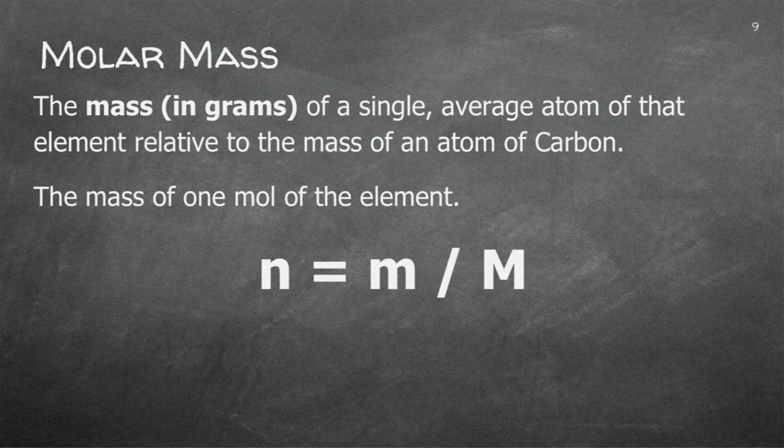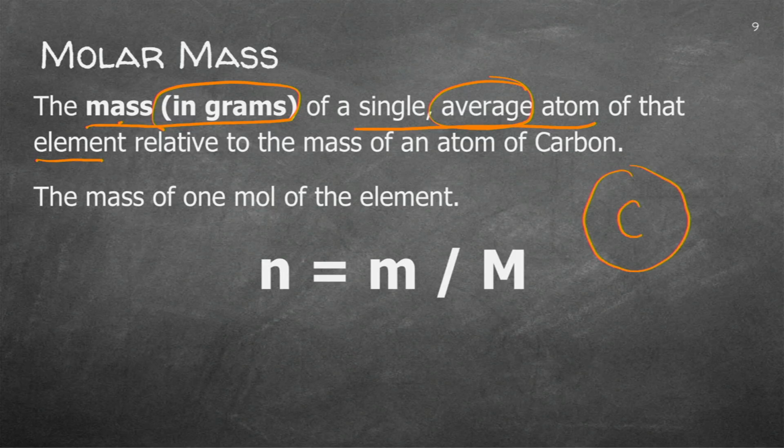The definition of molar mass: it's the mass in grams of a single average atom of that element, relative. It was weighed against the same amount that we had of carbon. And remember, when we weighed the carbon, it was 12 grams.